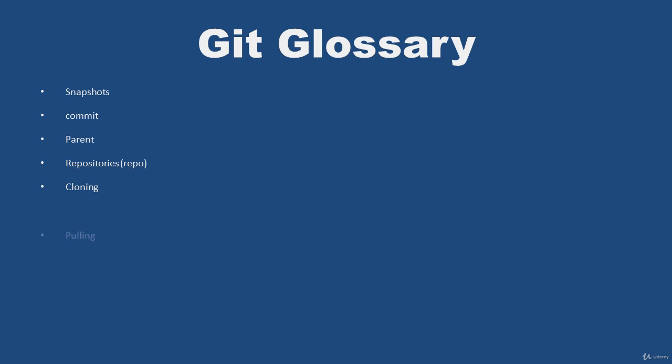The next word we want to look at is pulling. Pulling basically is a process of downloading the commits that don't exist on your machine. So you are downloading the commits from a remote machine or a remote repository.